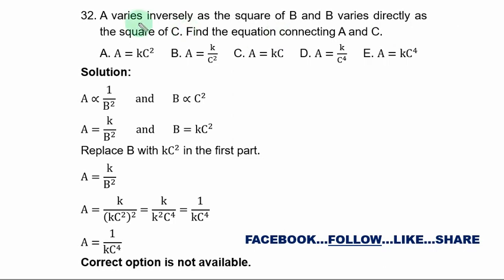Question 32. A varies inversely as the square of B, and B varies directly as the square of C. Find the equation connecting A and C. From the first statement, the inverse of A and B squared is this, and the second statement, B varies directly as the square of C. Now, in variation, we always replace the symbol of variation with an equality sign and also multiply the right hand side by the constant of variation.